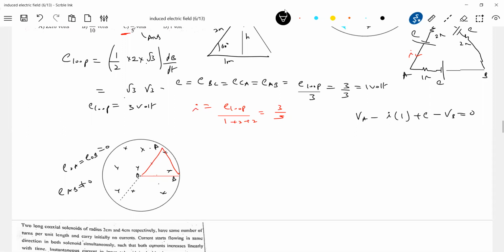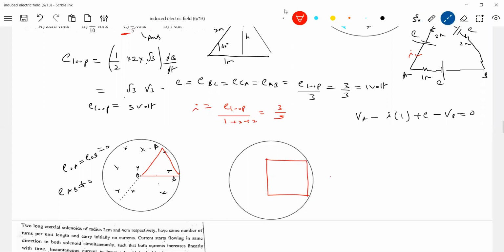Now, instead of a triangle, let me bring a circular one or say some rectangular one. Rather than numericals, better you take all the possible situations. So let this be the center O. Now B bar is there like this.